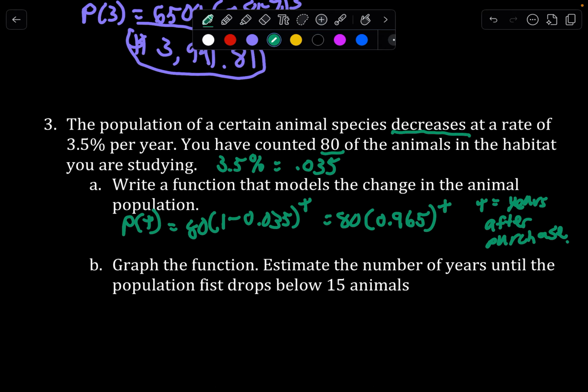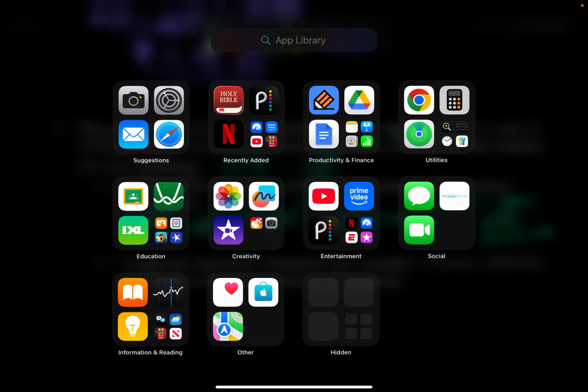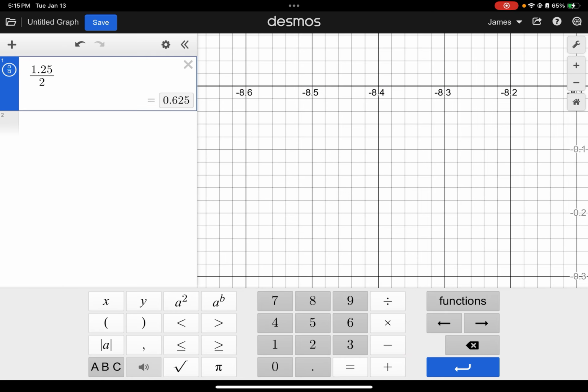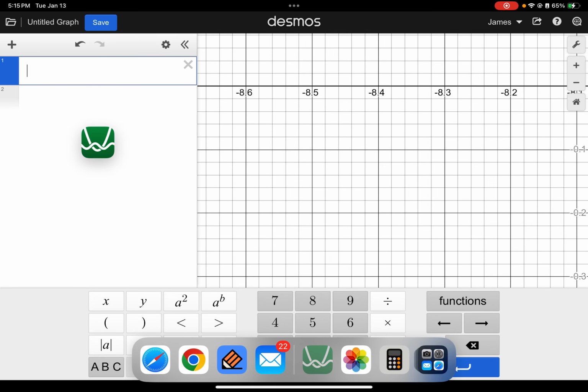All right, then it says graph. To graph something like this by hand is a pain. So I would recommend using a graphing calculator to solve by graphing. I was using a scientific and guessing and checking, but I'm going to go ahead and use Desmos. So here's Desmos.